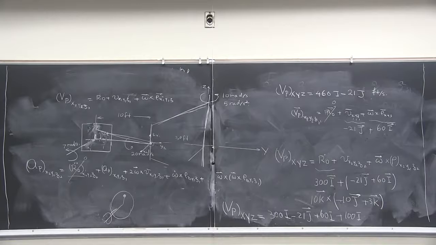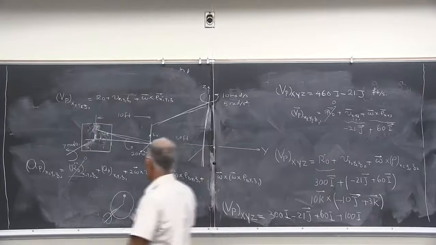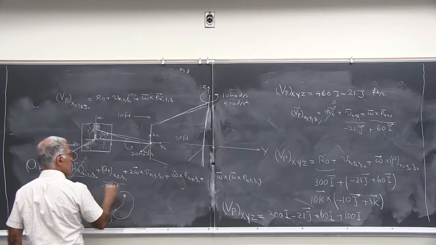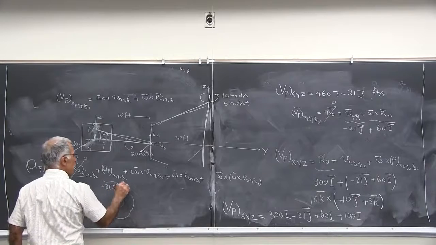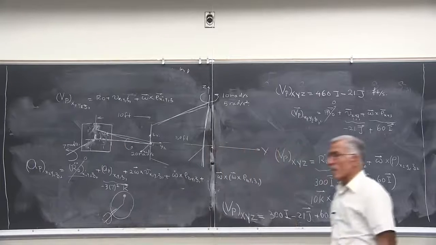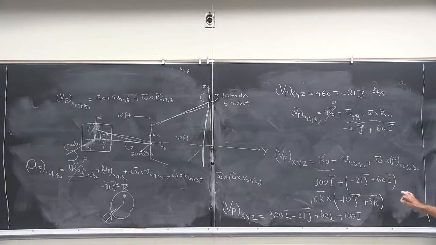It's R omega squared, in the negative k direction. You all understand that. So that is 1 feet, 3 feet, omega is 7 squared, and the direction is negative k. So that is your A of P with respect to x1, y1, z1. Forget about the rest.